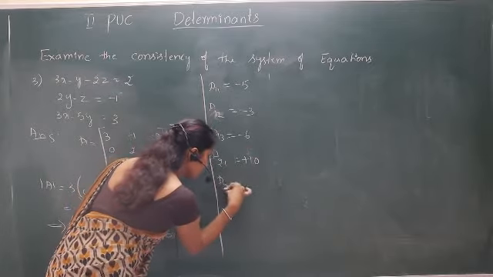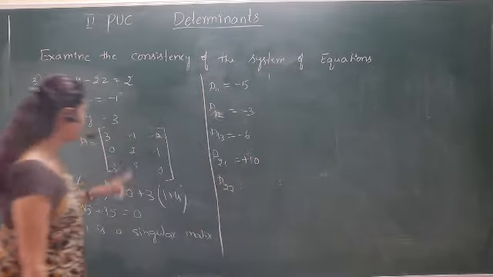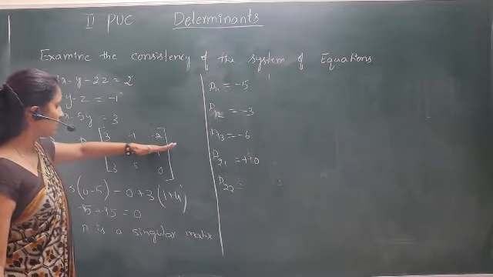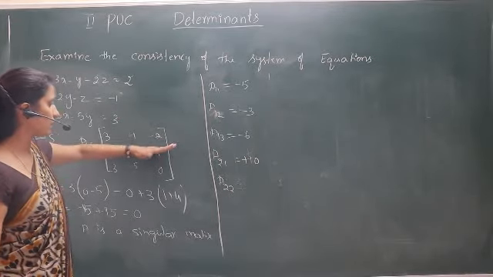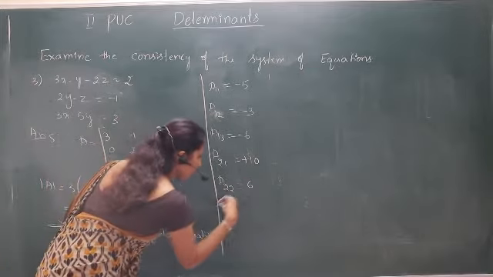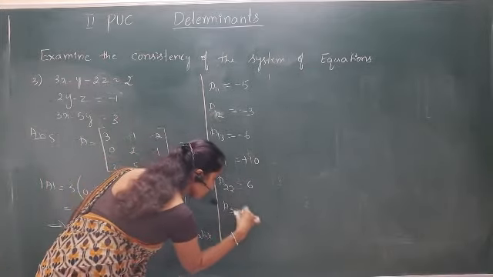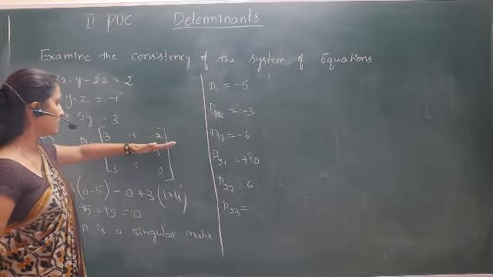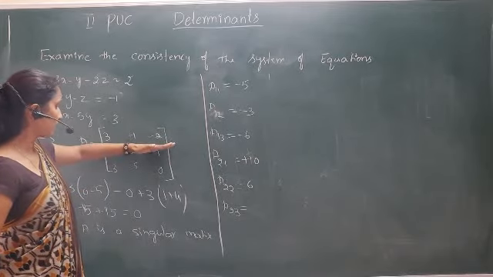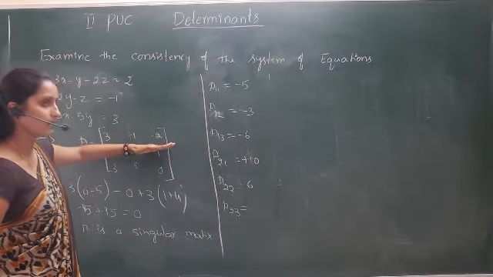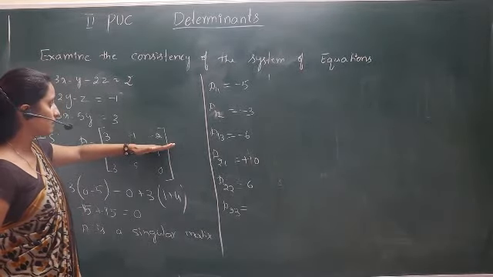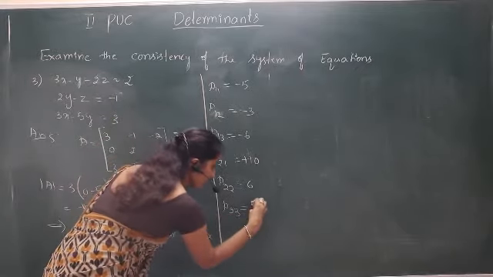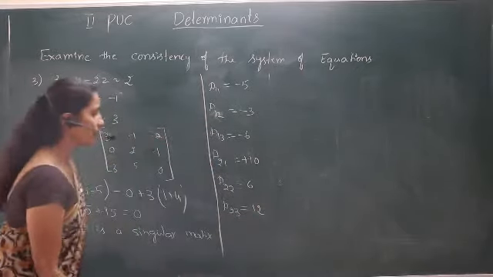And A22, by deleting this row and column, 0 plus 6 is 6. A23, by deleting this row and column, we get minus 15 plus 3, which is minus 12, and again it is minus, so it will be plus 12.